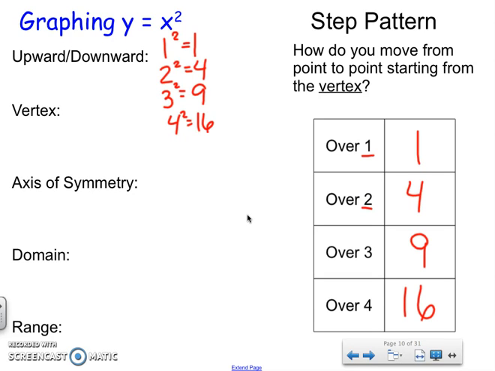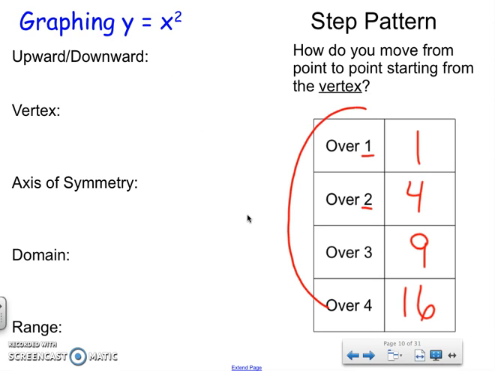Okay? So this table right here is probably the most important thing. It's kind of how you do your slope. It's how you move and make your graph. So again, you can memorize these, or you can know that if you go over 1, 1 times 1 is 1. If you go over 2, you're going to go up a 4. Okay?